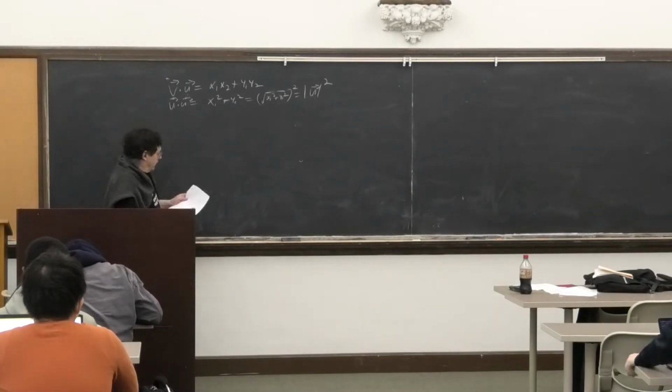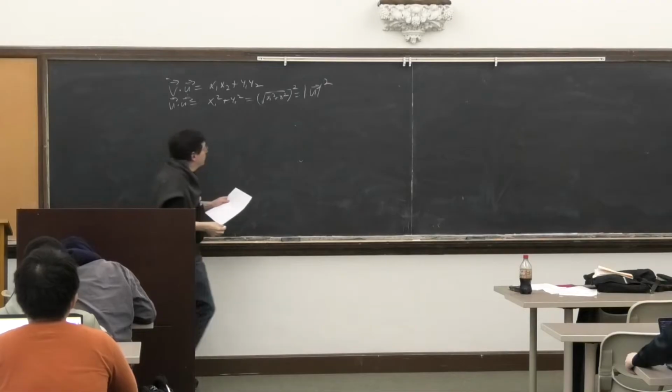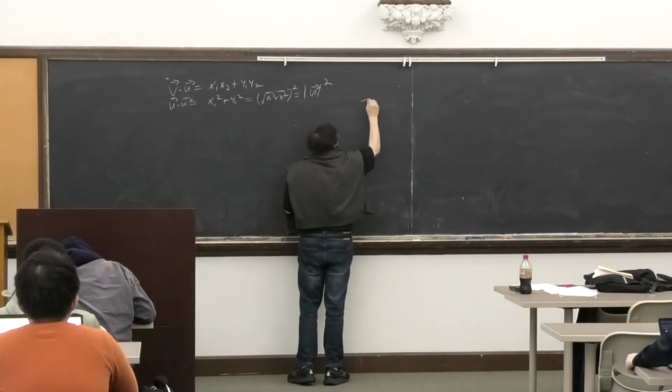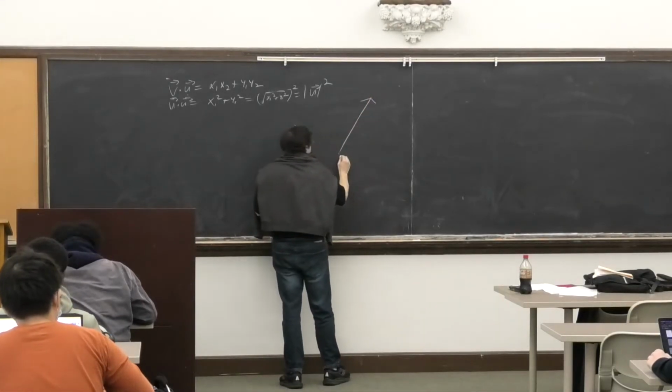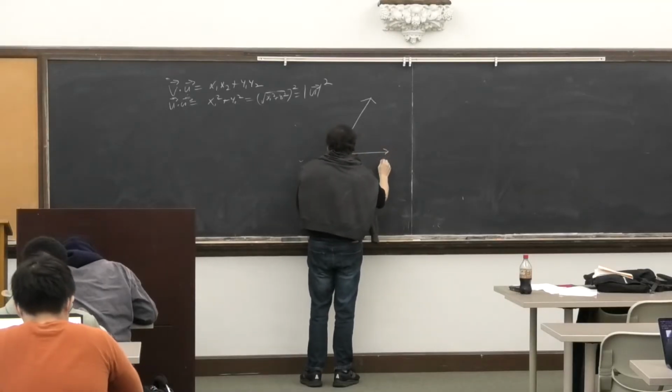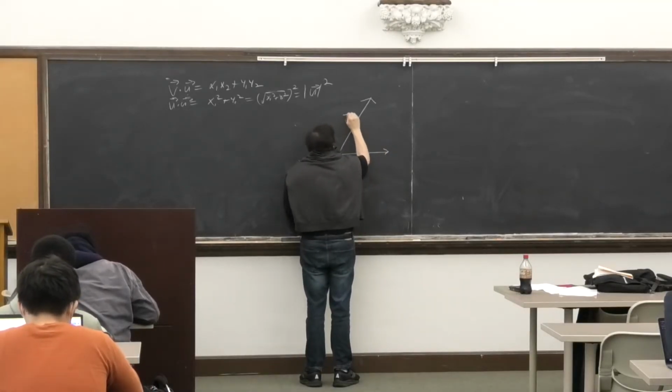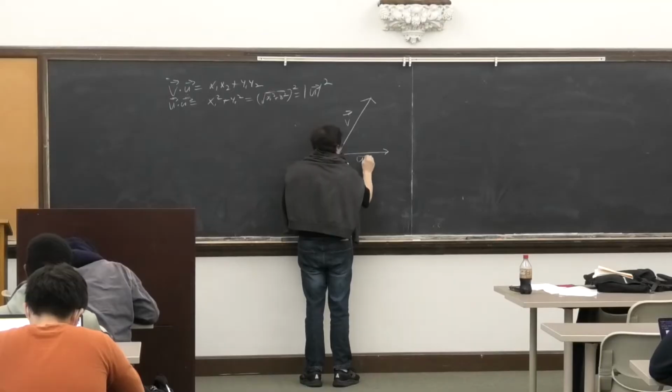And what we're going to do with that, we're going to create an example diagram here where we have v and u.